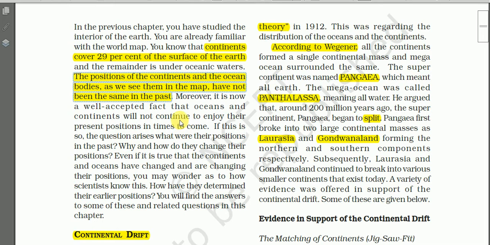And moreover, it is now a well accepted fact that oceans and the continents will not continue to enjoy their present positions in times to come. That means the position of the continents and oceans have been changing in due course of time. So the continents are not stable, these are unstable, changing from time to time.